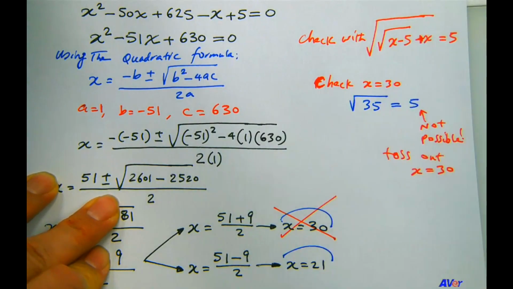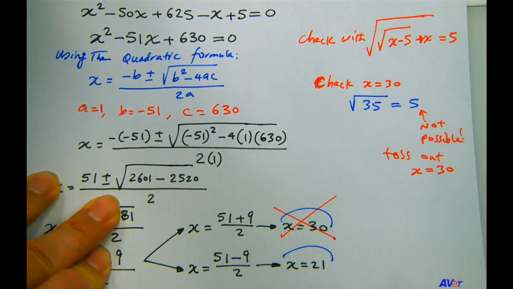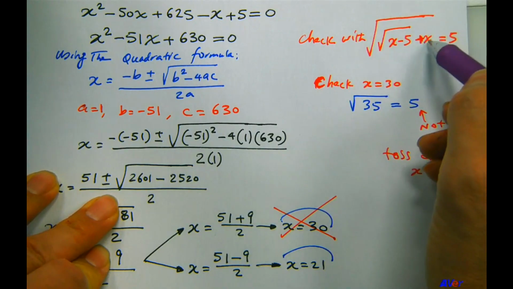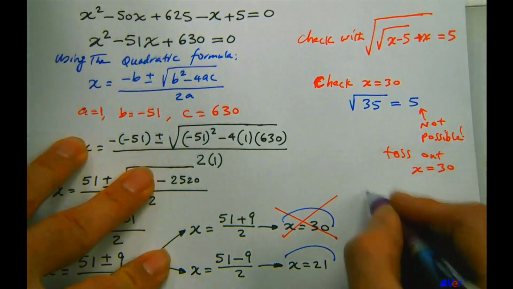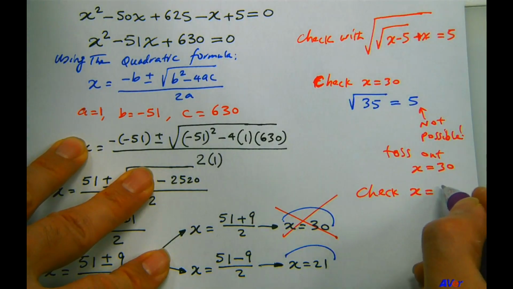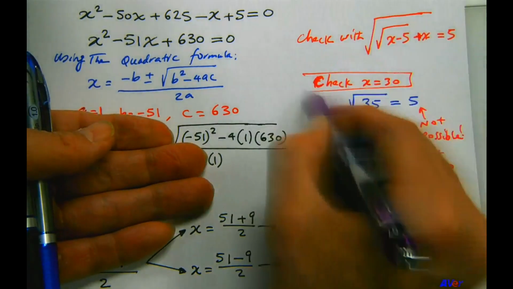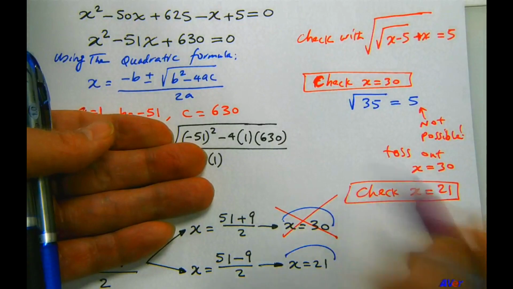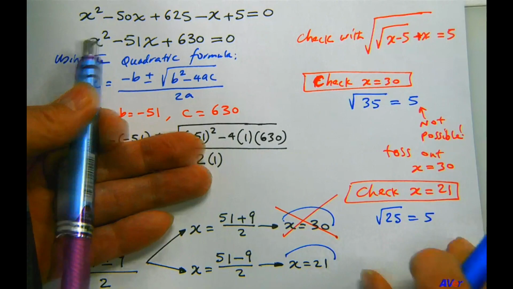So let's plug in 21. 21 minus 5, that's positive 16. Square root of 16 is 4, plus 21, that's square root of 25 equals 5. That's acceptable. So check x equals 21, and we end up with square root of 25 equals 5.